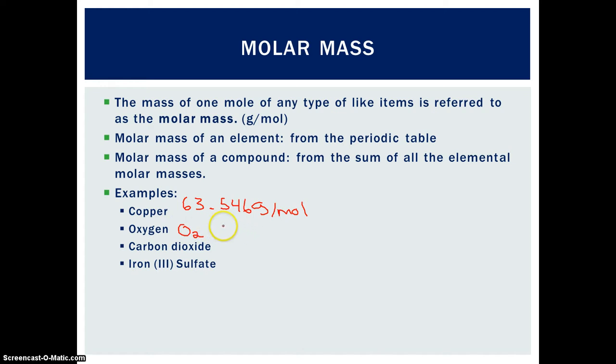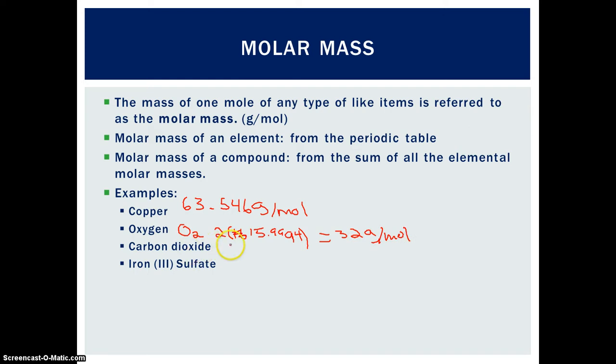So if I'm talking about oxygen as just the elemental compound, it's going to be O2, which means I have 2 of them, 2 times the number on the periodic table, which is 15.9994, which is why you see I always write it as just 16. You can round a lot of these. Especially if it's 0.9994, we could have called that just 16. So 2 times 16 equals 32 grams per mole.